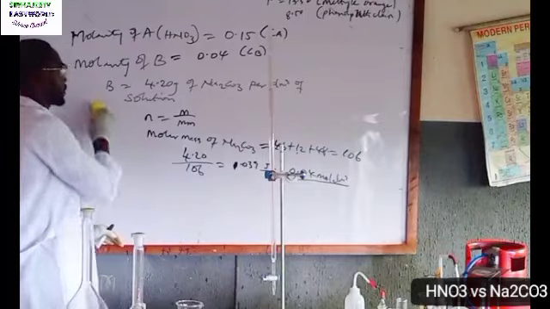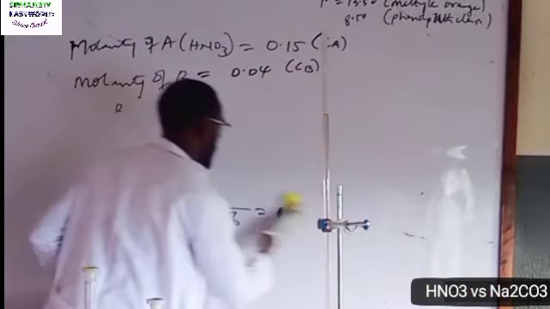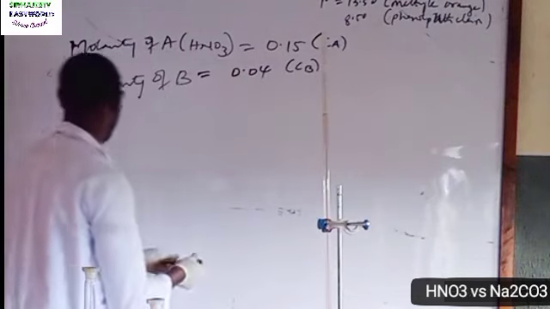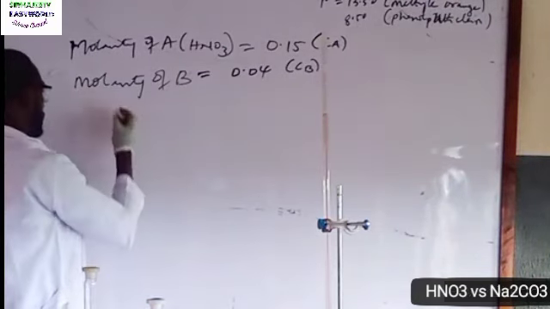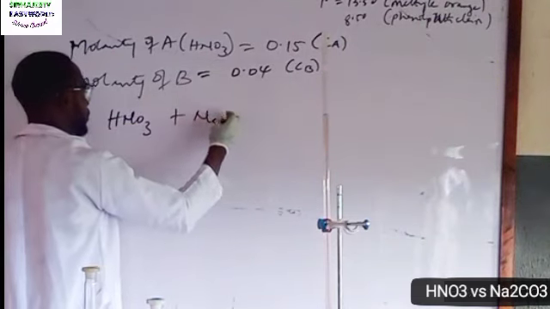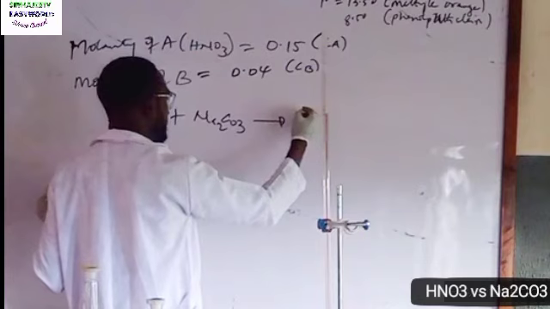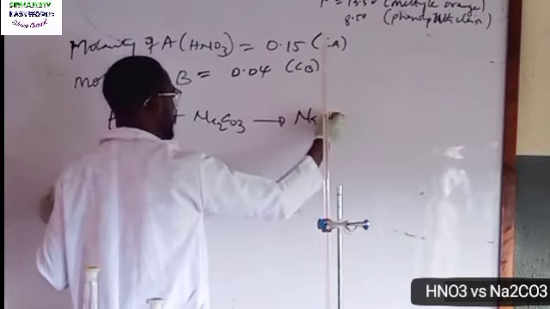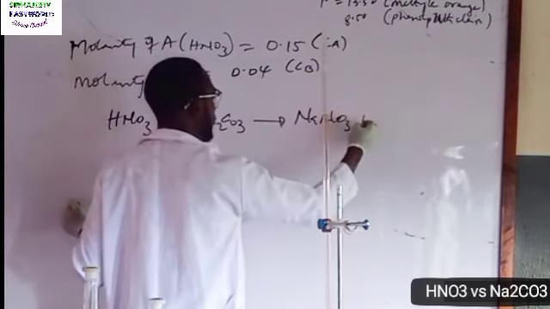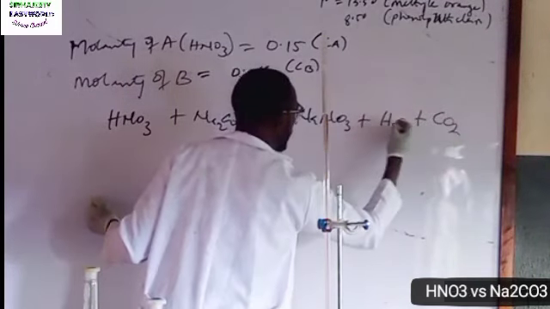So from the equation of the reaction, our reactants are HNO3 versus sodium trioxocarbonate(IV), which will give sodium trioxonitrate(V) plus water plus CO2.